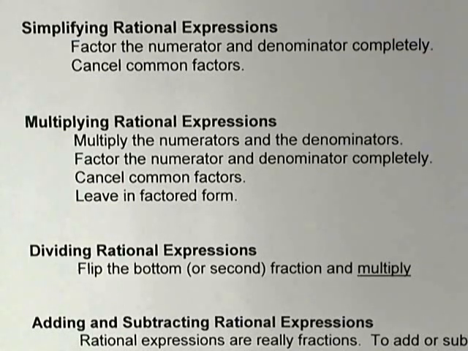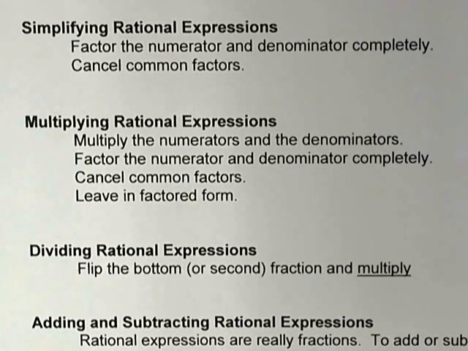So in conclusion, this is one way to look at each of your steps. Hopefully you can read this. It's typed a little small. Simplifying rational expressions: you factor the numerator and the denominator completely and cancel common factors. To multiply rational expressions, your book likes to talk about multiplying the numerators and the denominators together.